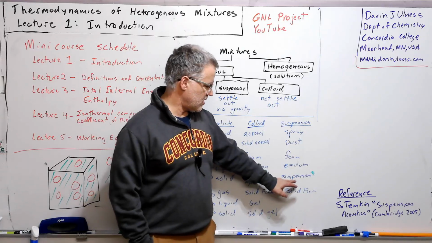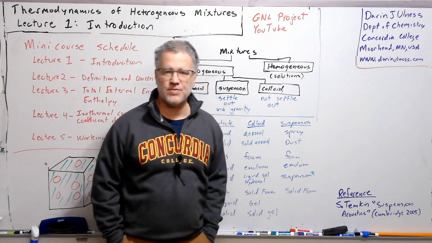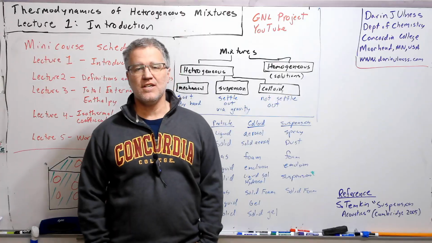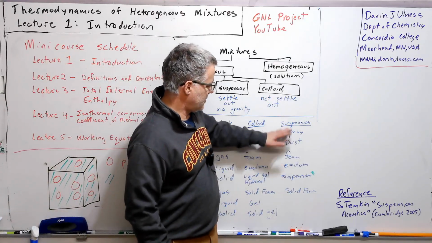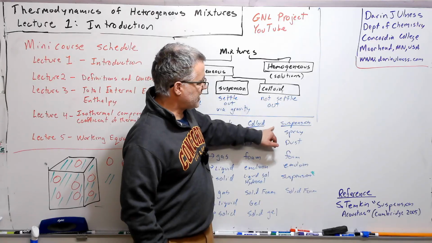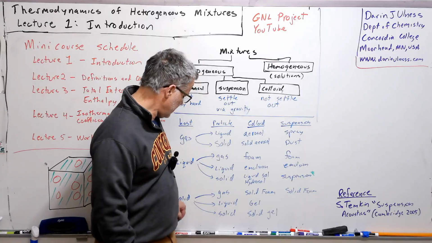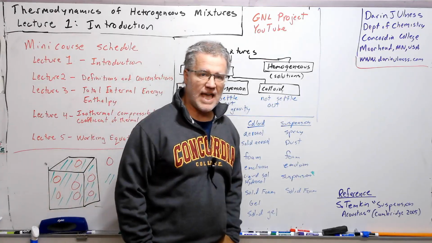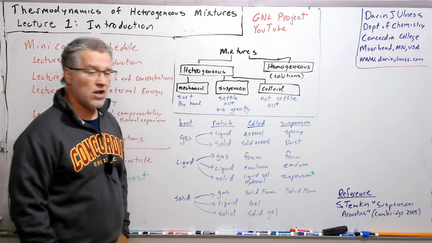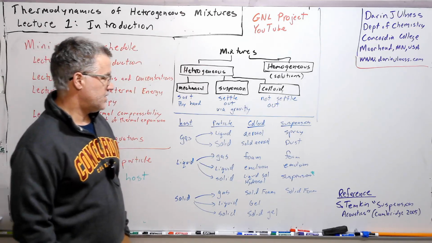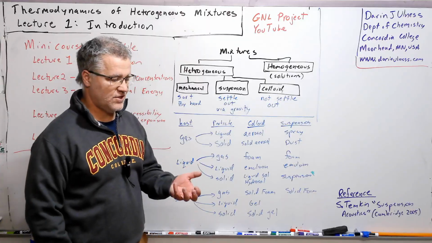Now, careful here, if it is a suspension, we call it a suspension. So the grand category is suspension. Then solids, if we have a gas in the solid, we have a solid foam, and that again just depends.